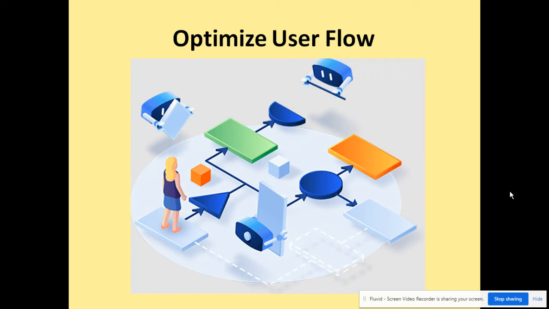Let me explain. This is for the user, and this arrow mark shows the overall flow, where the user can have multiple choices. If the user selects a particular choice, for example this option, then he has two particular options available after choosing it.